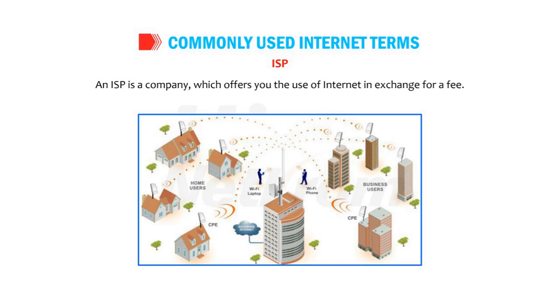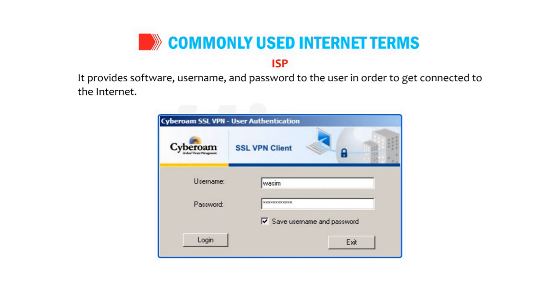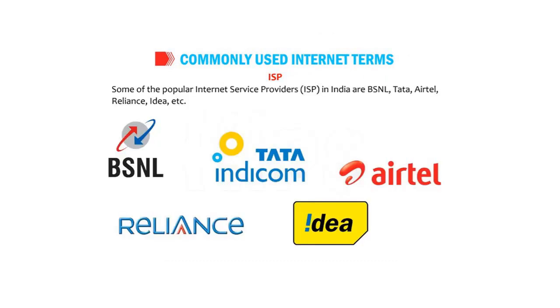It also provides internet email accounts, software, username and password to the user in order to get connected to the internet. Some of the popular internet service providers in India are BSNL, Tata, Airtel, Reliance, Idea, etc.